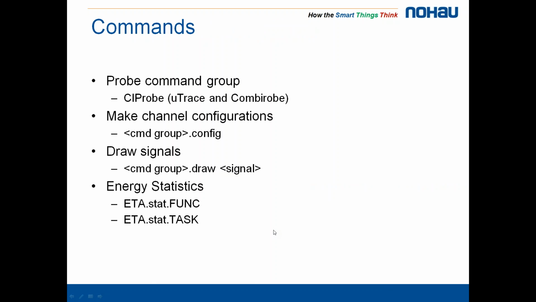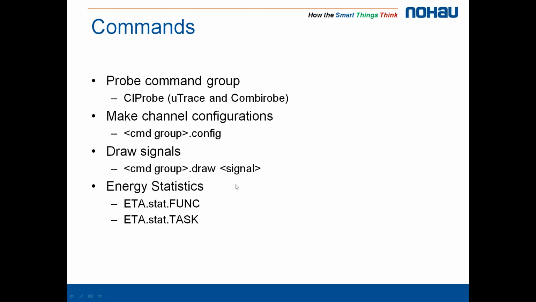So the commands that are involved when doing energy measurements are, first of all, I need the CI probe command group, which allows me to configure the channels that I would like to use and how I would like to collect my energy buffer. I'm able to draw the signals as a function of time, and then I can do energy statistics functions.